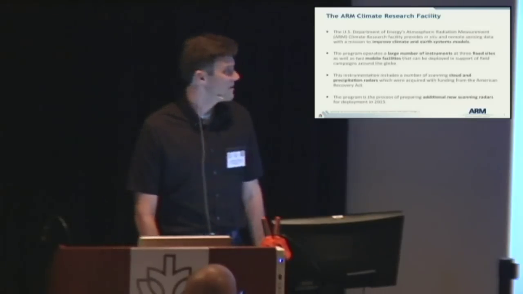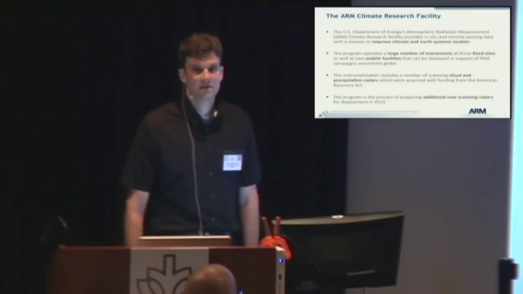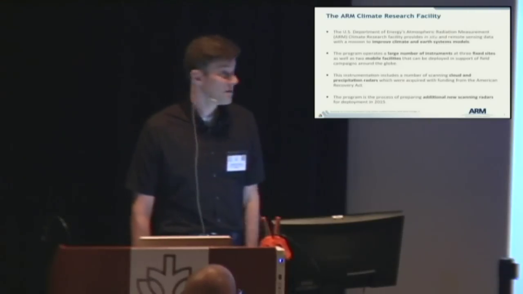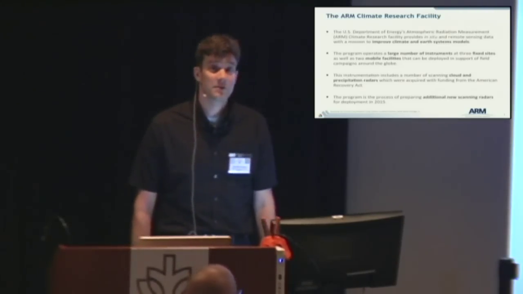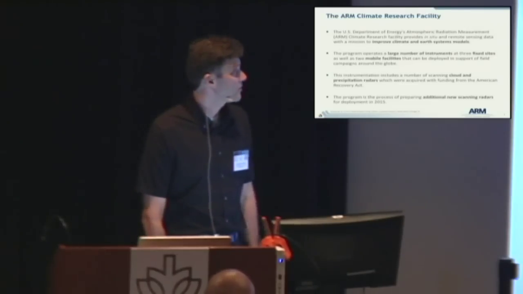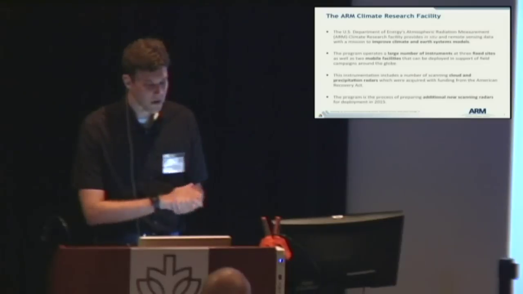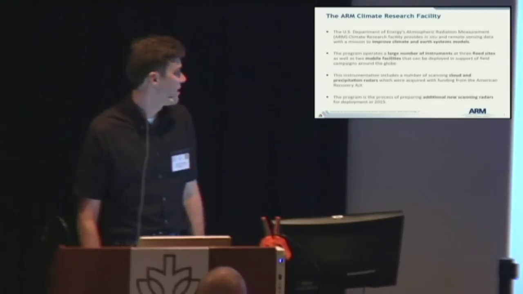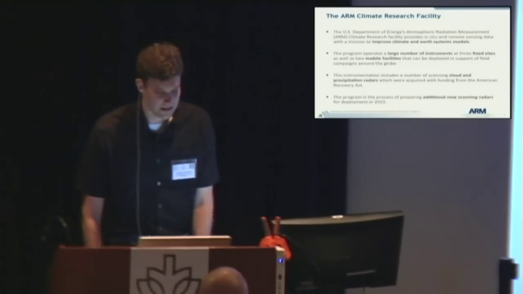So we have a bunch of different instruments at 3 different sites in the Southern Great Plains, in the North Slopes of Alaska, and we just opened a site in the Azores in the North Atlantic. We also can deploy instruments across the globe with some mobile facilities.